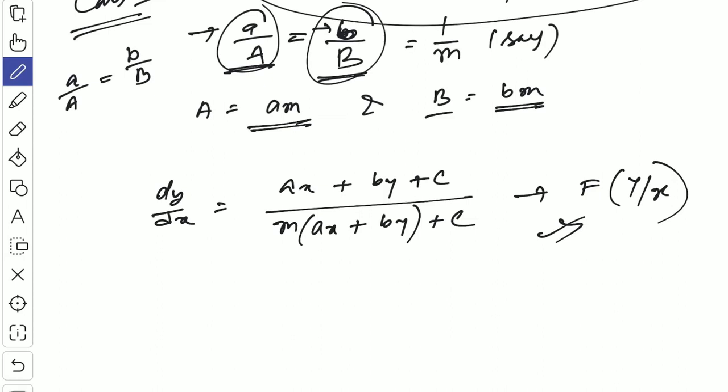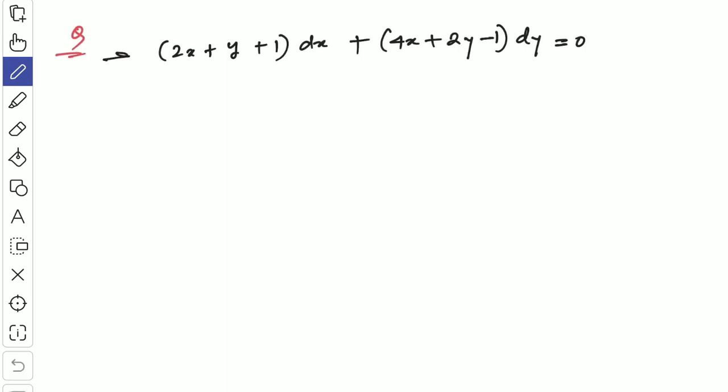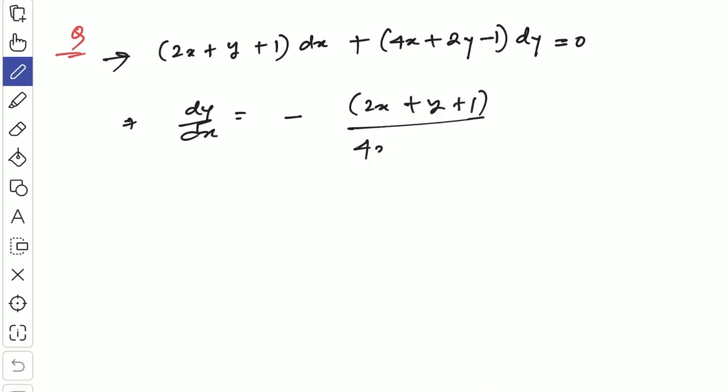Okay, so let me show you one question, how to solve such a type of question. So now let us solve this question. Here it can be expressed in this way: dy by dx equals minus twice x plus y plus 1 divided by 4x plus twice y minus 1.